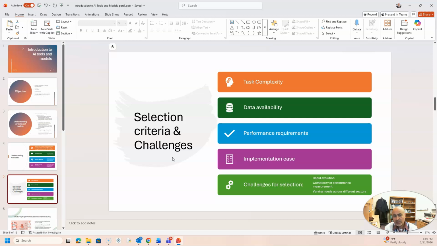So the implementation ease is extremely important, because if you make it too difficult, of course, AI is not going to be adopted or used by most of the people or non-technical people. So the available resource and knowledge for application development and maintenance is extremely useful. With tools like this, developers can design their content. In our case, I designed it for my PowerPoint.